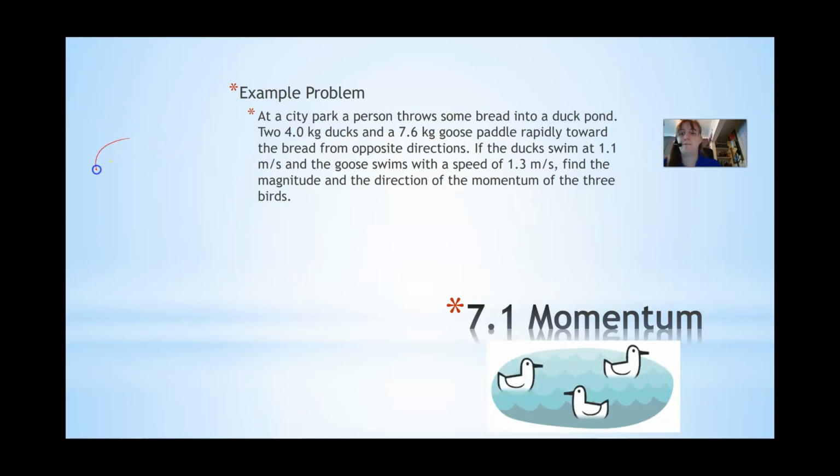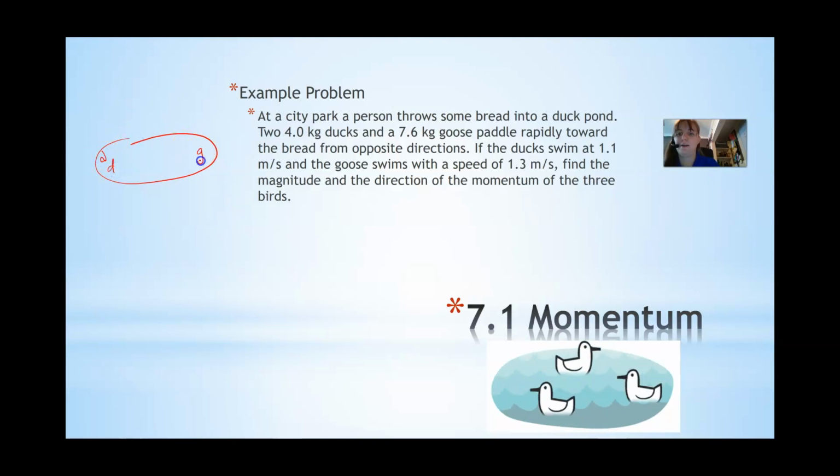So if I have my pond, my ducks here and my goose here, they're going to come in like this to get the bread. The duck swims at 1.1 meters per second, and the goose swims with a speed of 1.3 meters per second. We want to find the magnitude and the direction of the momentum of the 3 birds.